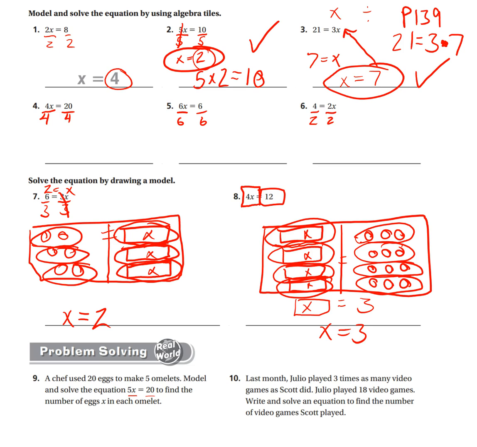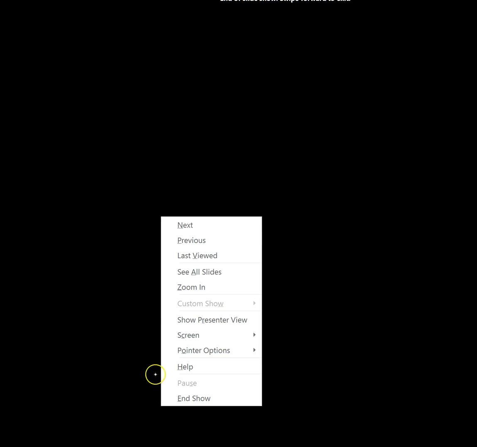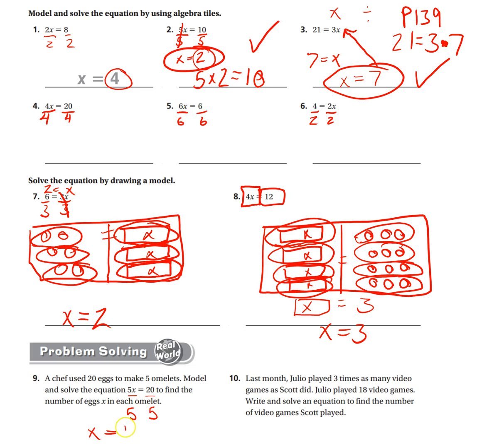Okay, use it on 7 and 8. But then I wouldn't worry about using it on 9. Okay, so what you're going to be doing is just dividing both sides by 5. 5 divided by 5 leaves you with just x. And then 20 divided by 5, that will tell you what x equals.